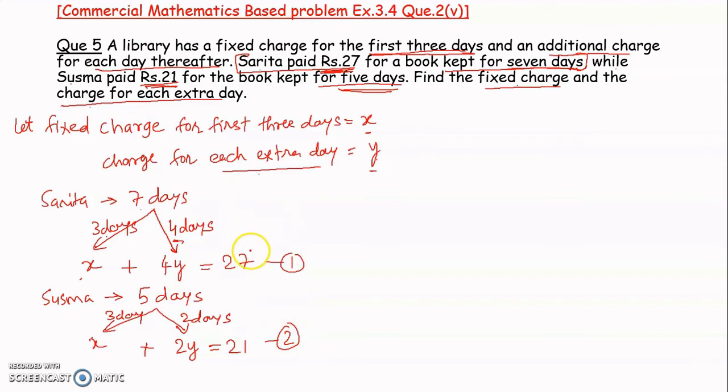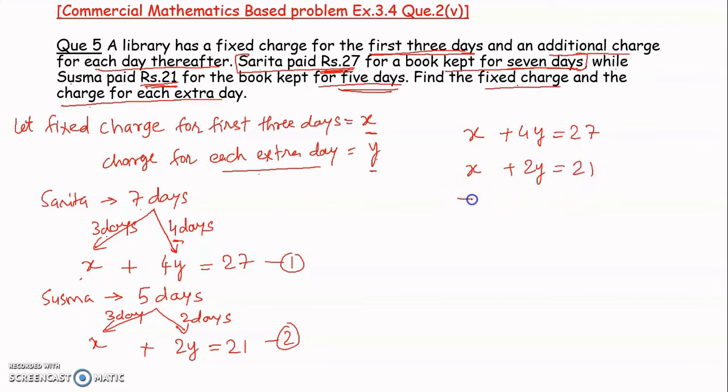Now after solving equations 1 and 2, you will find out the fixed charge and extra charge. Here we can use any of the methods: elimination, substitution or cross multiplication. I will use the elimination method here. First equation, X plus 4Y equal to 27, and second equation, X plus 2Y equal to 21.